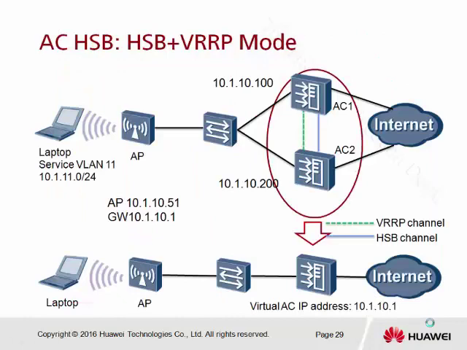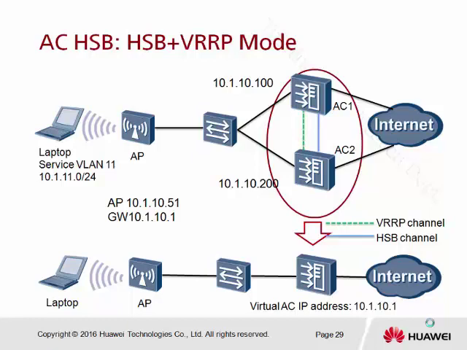So this is the AC HSB mode. It's HSB plus VRRP mode, combined and used together. As you can see at the top, AC1 and AC2 both use VRRP. The physical IP address used by AC1 is 10.1.10.100.